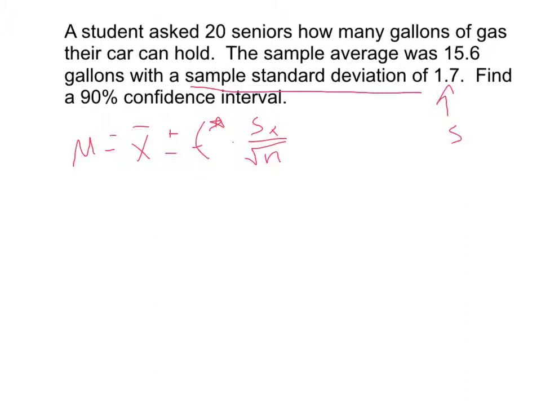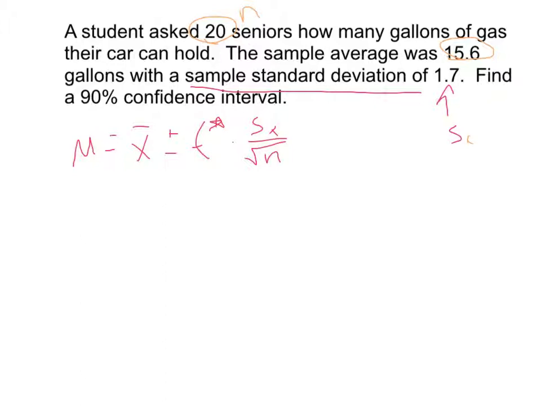So now applying that to this problem here, we see 20 seniors, and that is our sample size. So that's how many seniors we asked: n is 20 seniors. We also have our sample standard deviation that we labeled over here, and we have an estimate of the mean, the 15.6, our best guess of the mean.